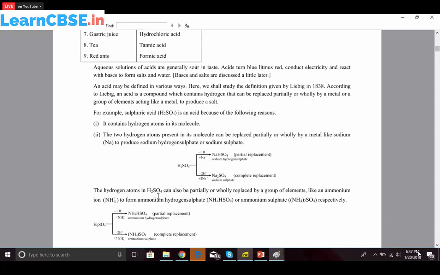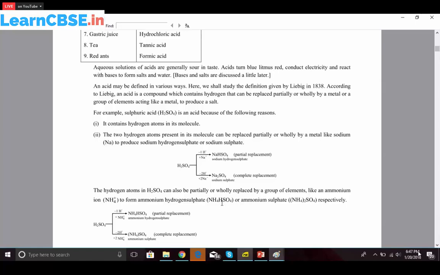The hydrogen ions in H2SO4 can be partially or completely replaced by a group of elements such as the ammonium ion, NH4 plus. So it forms the compound NH4HSO4, ammonium hydrogen sulfate.